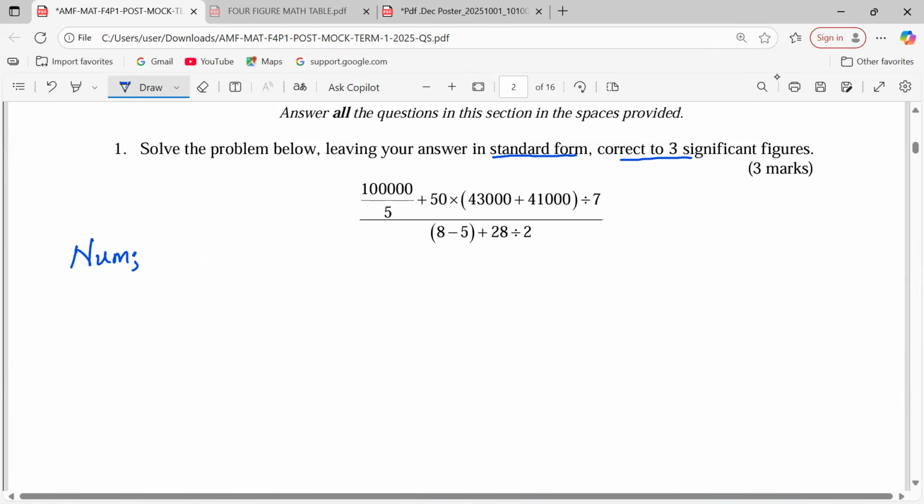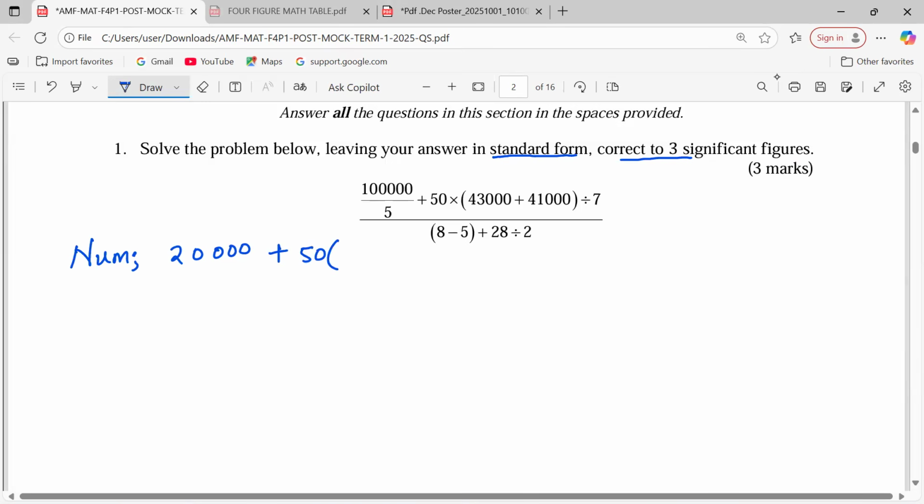When we take 100,000 and we divide by 5, this gives us 20,000. Then we are supposed to add; we work out first what is in the brackets.